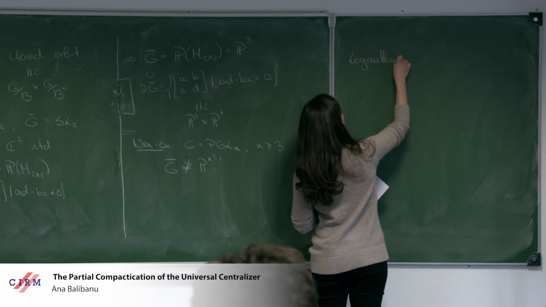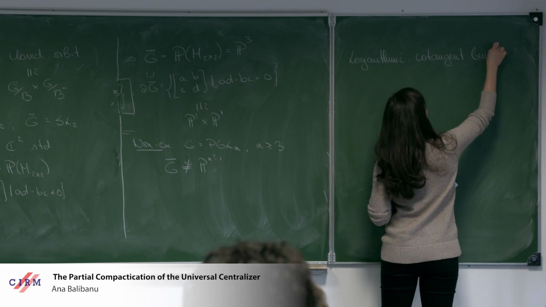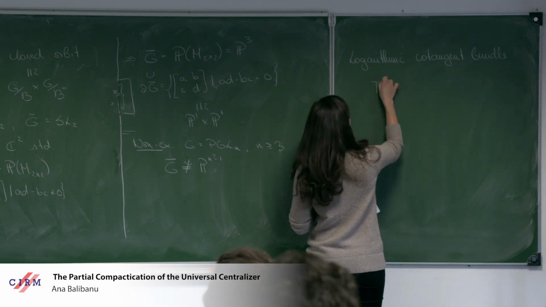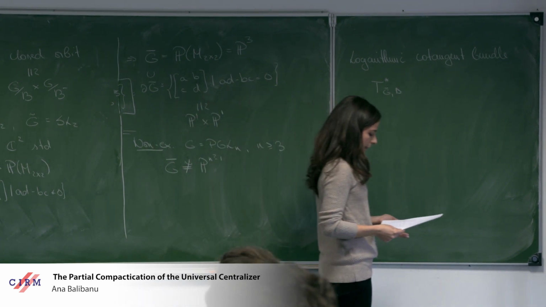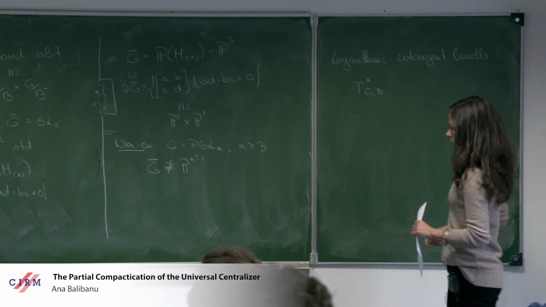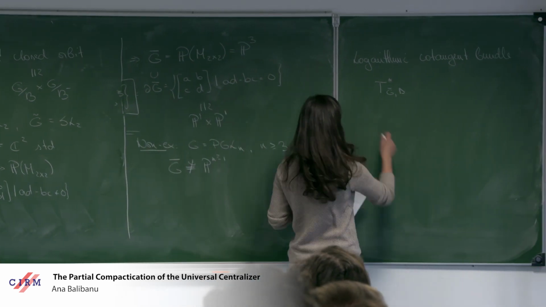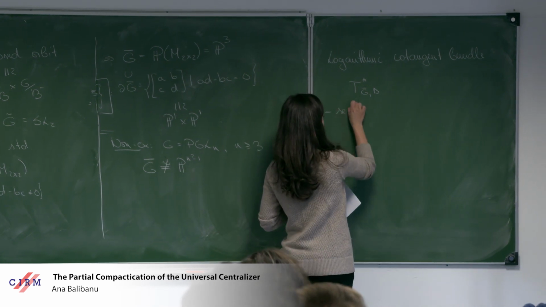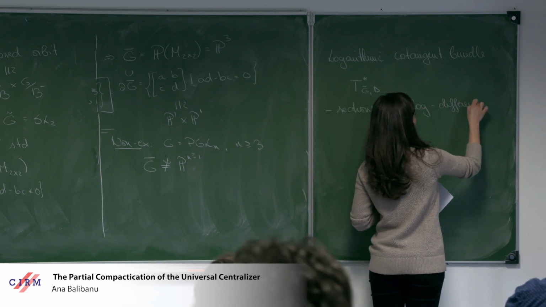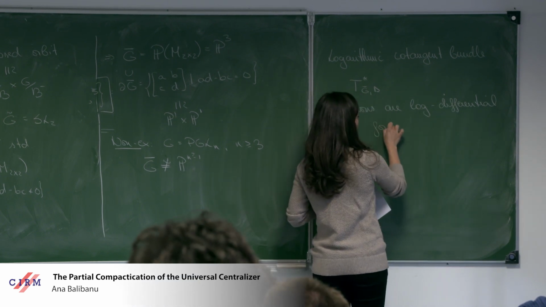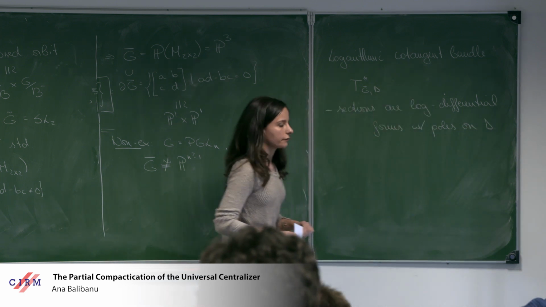I'll denote this by T star G bar D. This is the vector bundle associated to the locally free sheaf whose sections are logarithmic differential forms, and they're allowed to have poles along the boundary divisor.